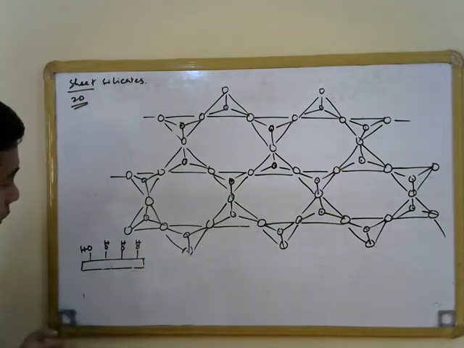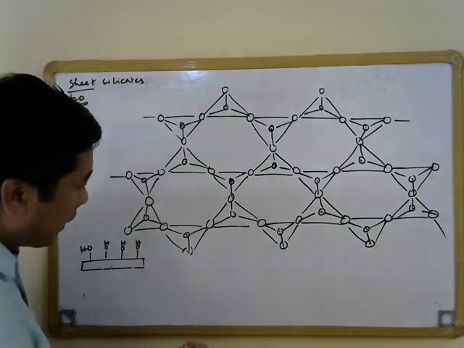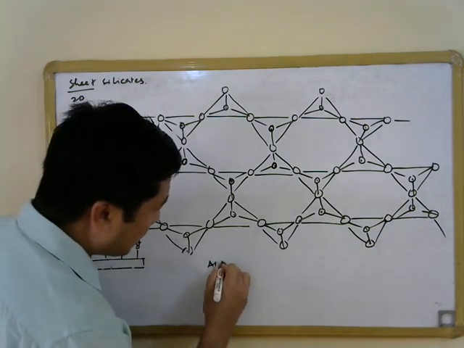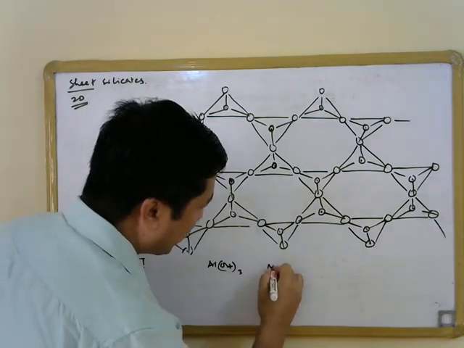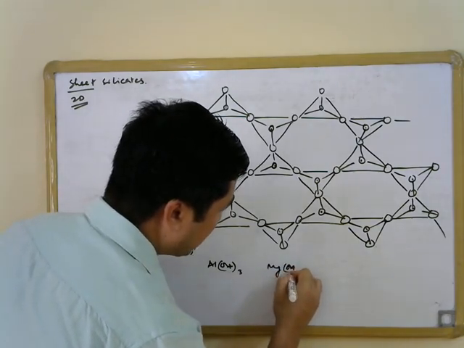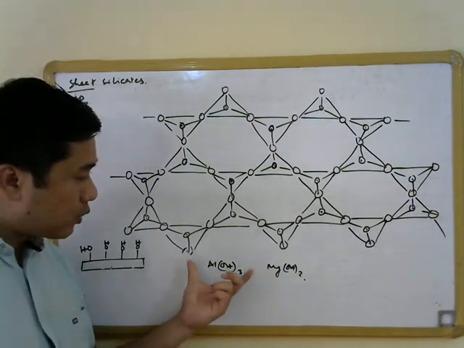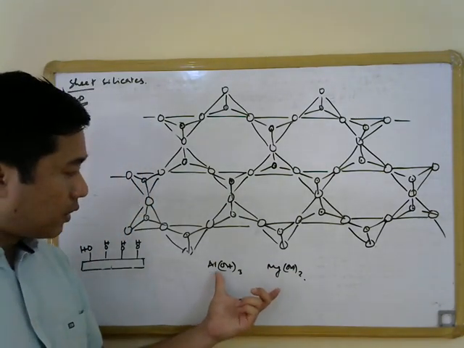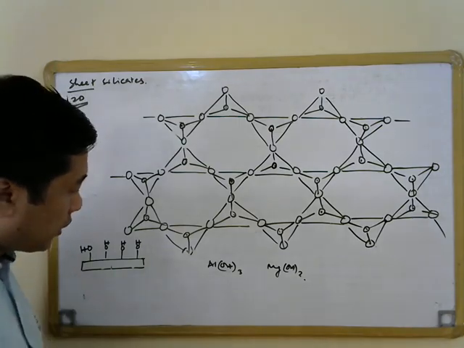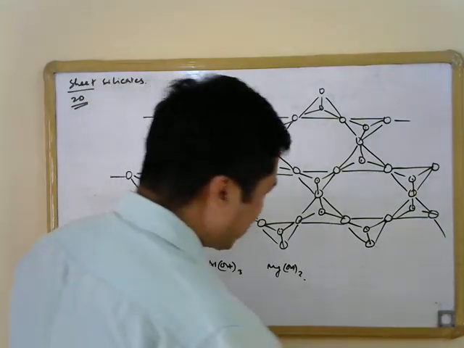And now if we look at the structure of, say, aluminum hydroxide or magnesium hydroxide, what we will see is that these are also layered hydroxides. The structures are again layered, sheet-like structures.